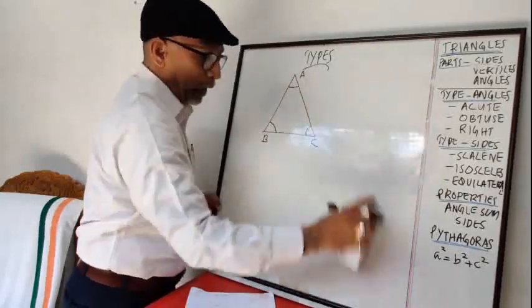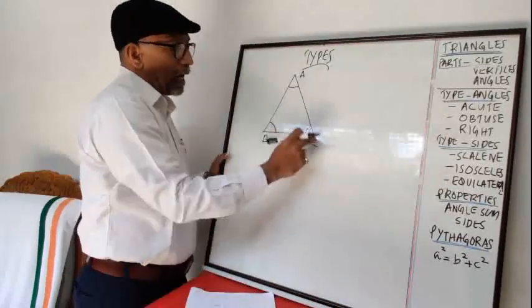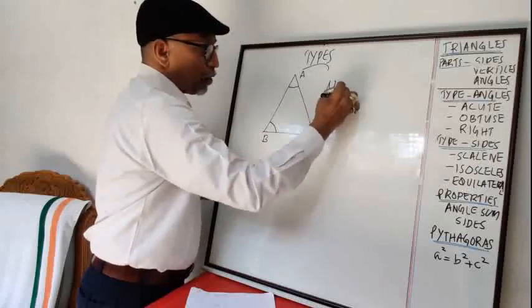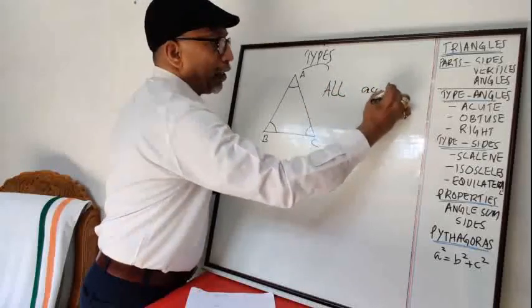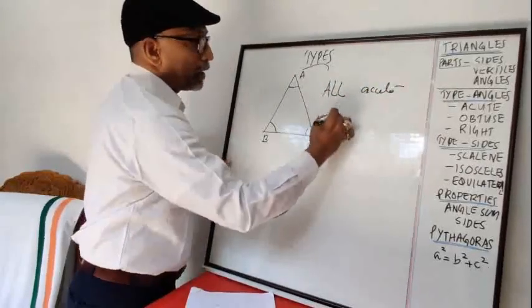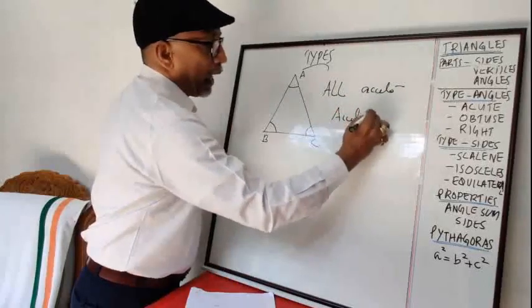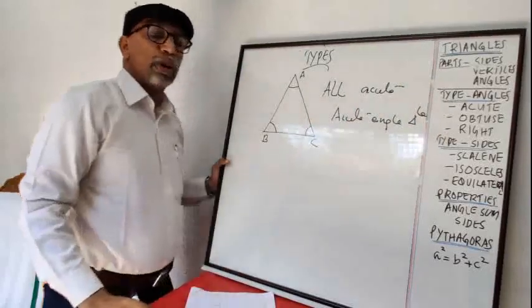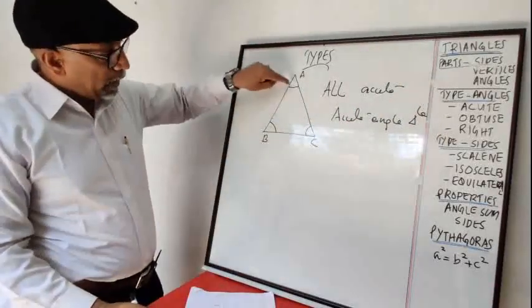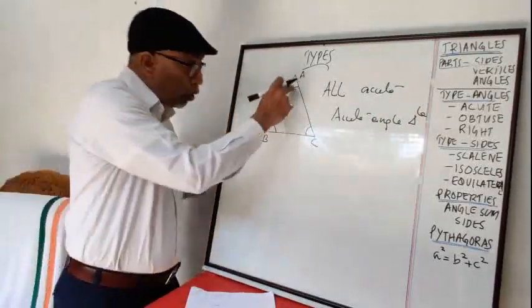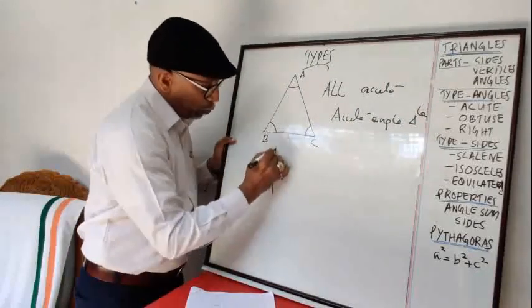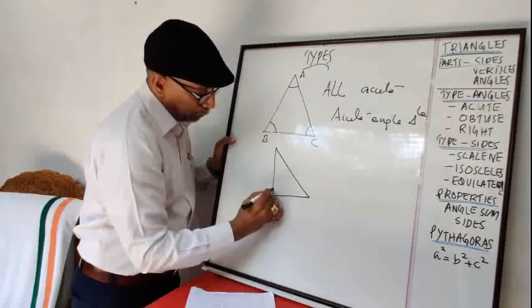Now, if all three angles of a triangle are acute, then it is called an acute angled triangle, or an acute triangle. If all three angles are acute, it is very important, because next time I am going to teach about the right triangle.